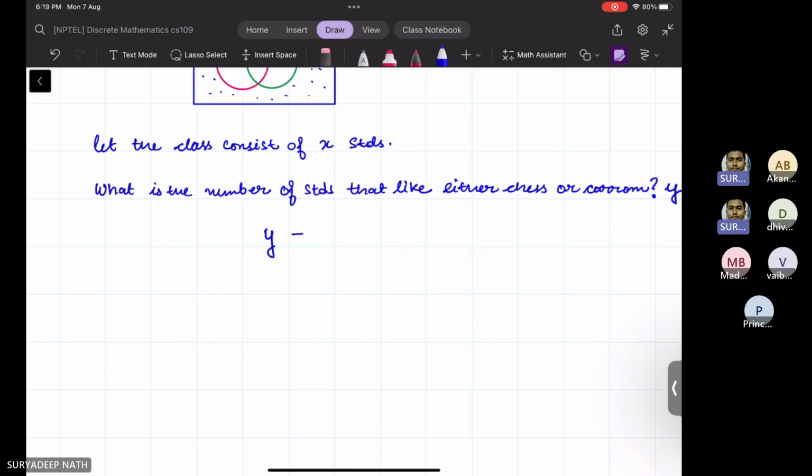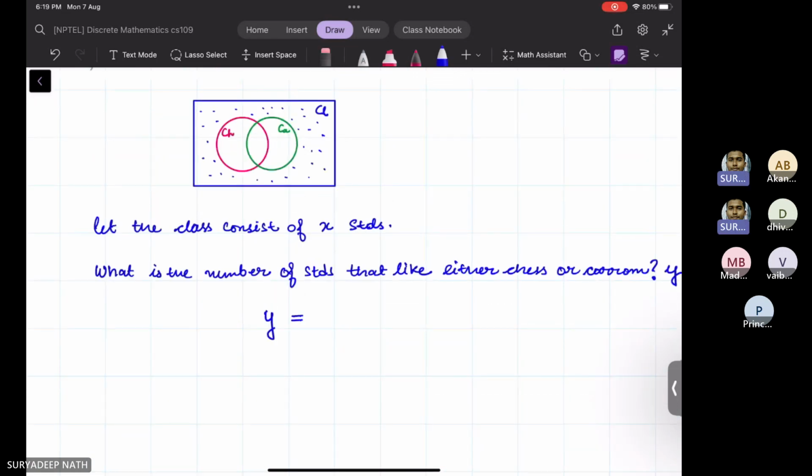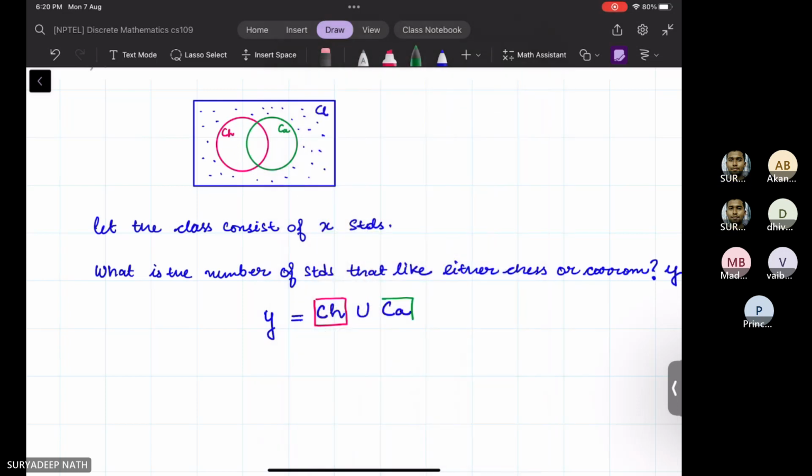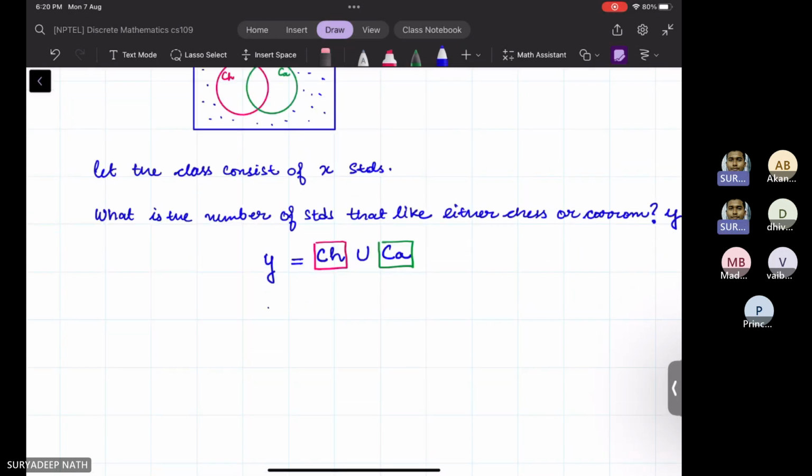So y is, if we take the union of two sets, what is union? So the cardinality is basically chess union carom. Chess is in red and carom is in green. So we want to find the cardinality of this set.